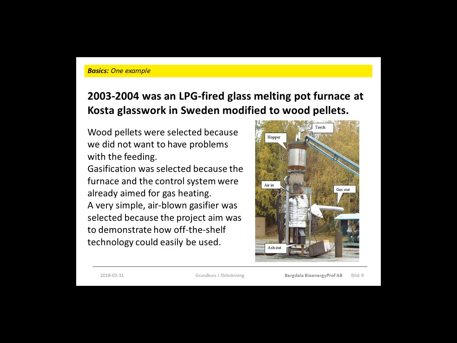The aim of the project was only to demonstrate that all the technology needed to retrofit high-temperature processes was available off the shelf already at that time. An art glasswork was selected because glass is a very sensitive product and the quality demands at an internationally well-known art glasswork are extremely high.